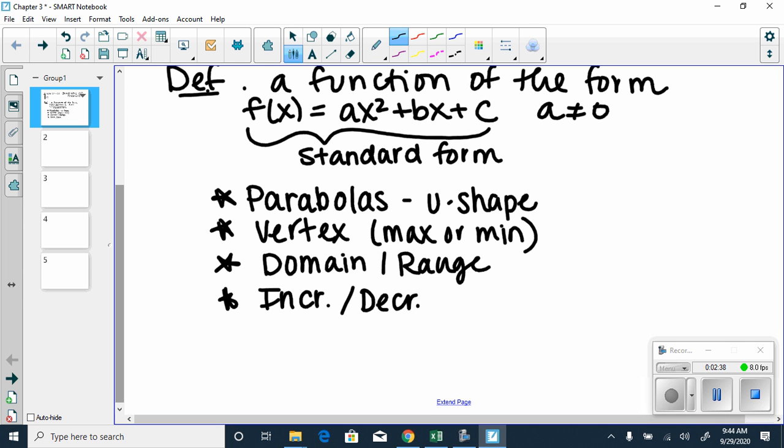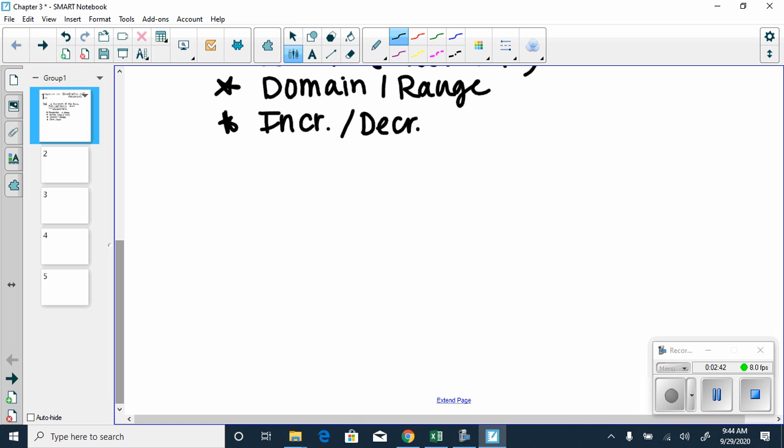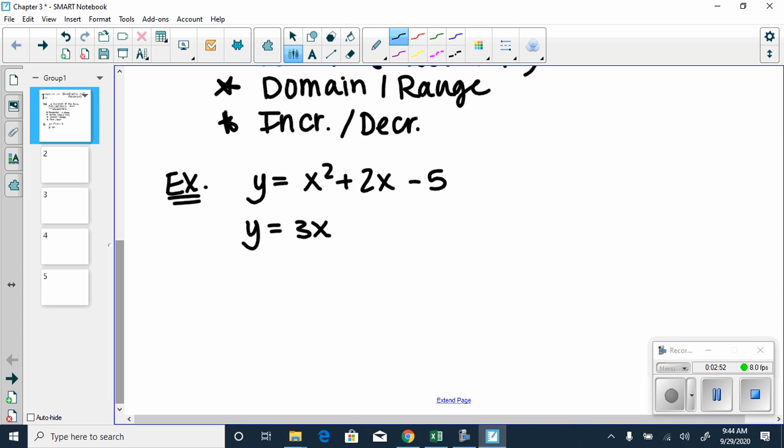As far as equations, what are the functions actually going to look like? So a couple examples here would be y equals x squared plus 2x minus 5, y equals 3x squared plus x minus 6. And both of those would be in standard form.